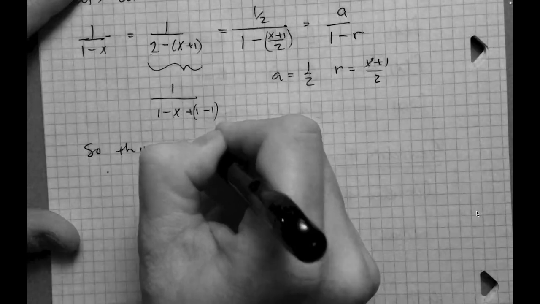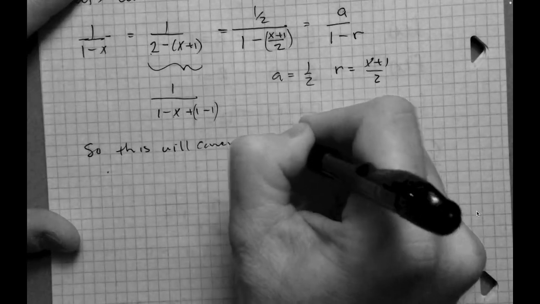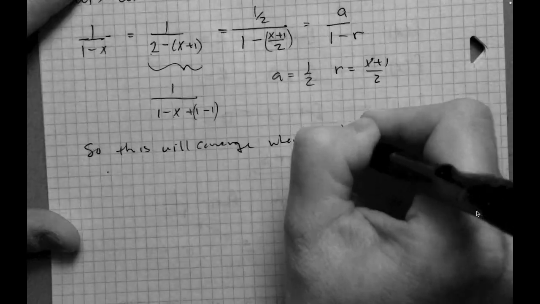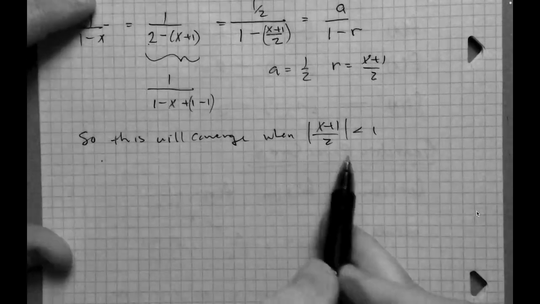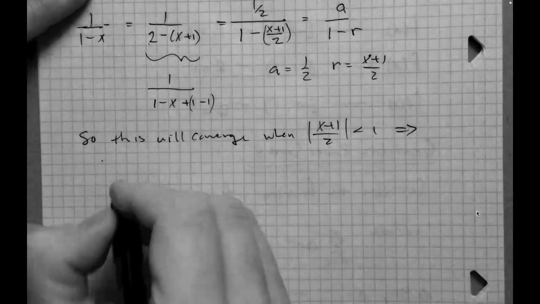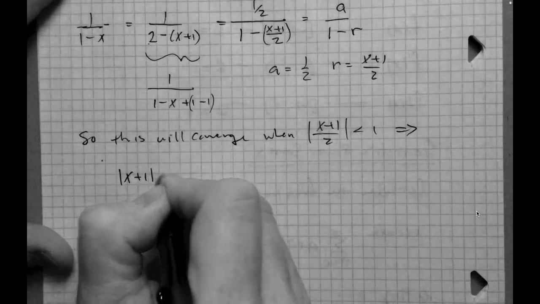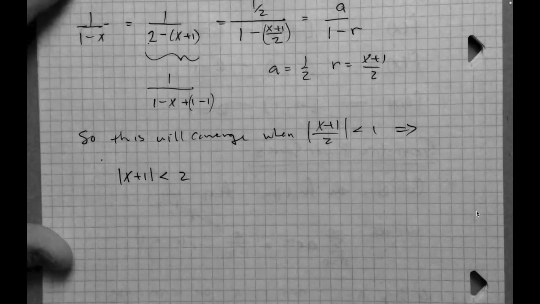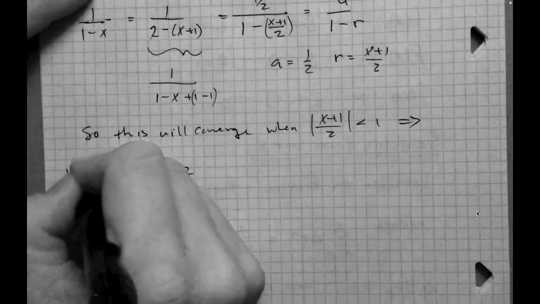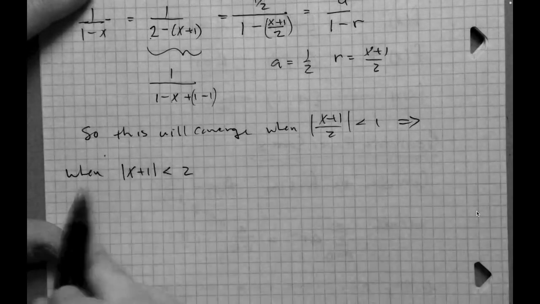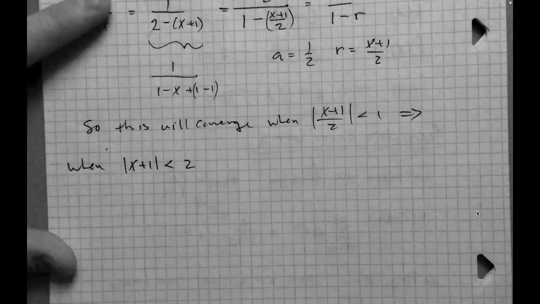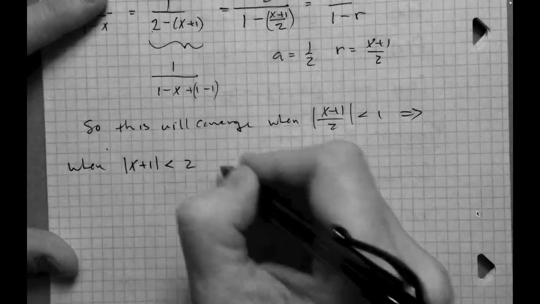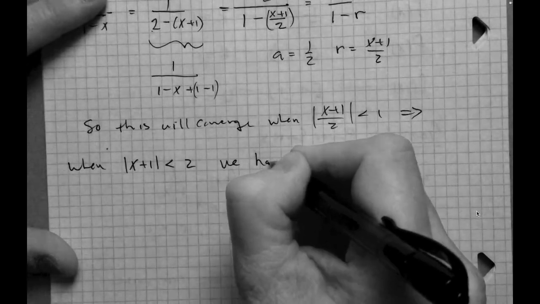It will converge when the absolute value of x plus 1 over 2 is less than 1, which is to say that the absolute value of x plus 1 is less than 2. When this is true, we have a power series here.